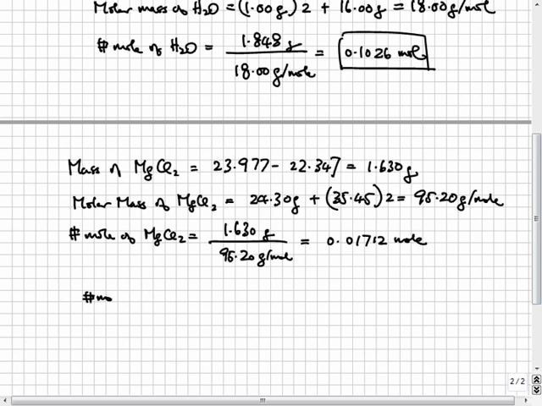We take the ratio of the number of moles of MgCl2 to that of water, which is 0.01712 to 0.1026. If we divide both numbers by the smaller of the two, we get approximately 1 to 6.